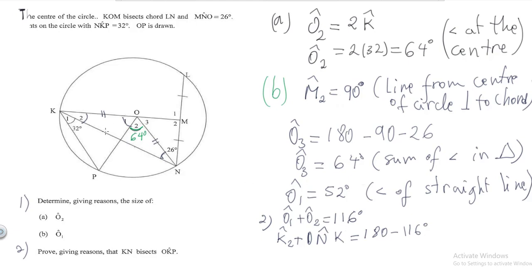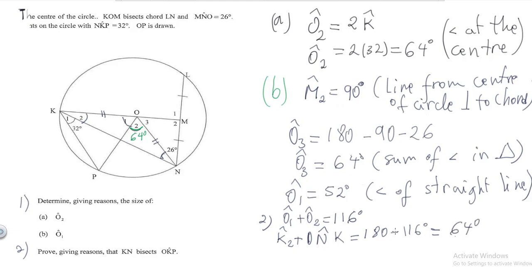So the remaining here will be what? 180 minus this angle, that will give us the sum of this angle. So this gives us what? 180 minus 116, this will give us what? 64. This gives us, okay, 64.